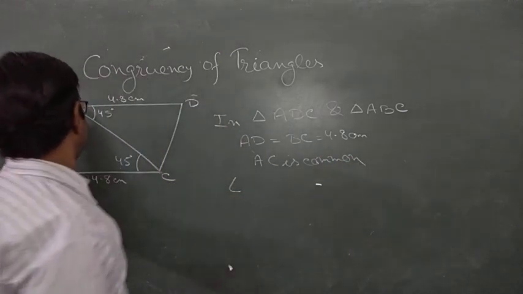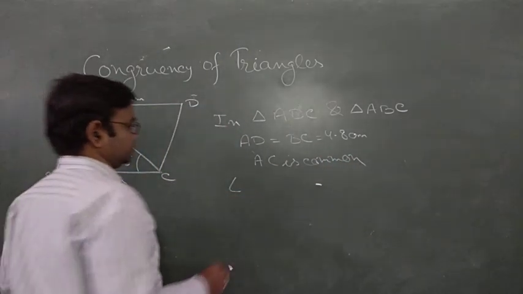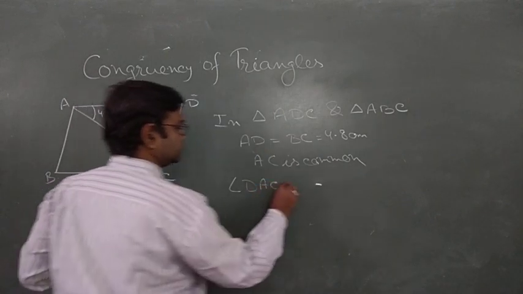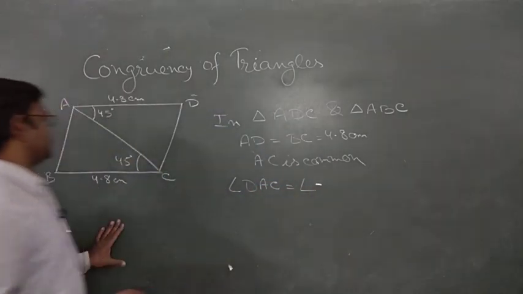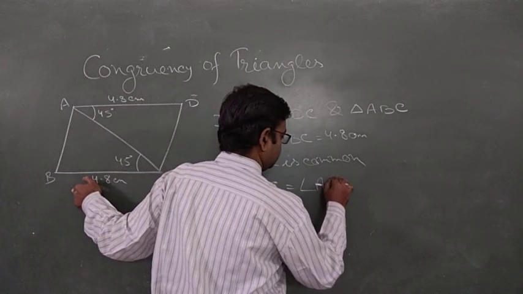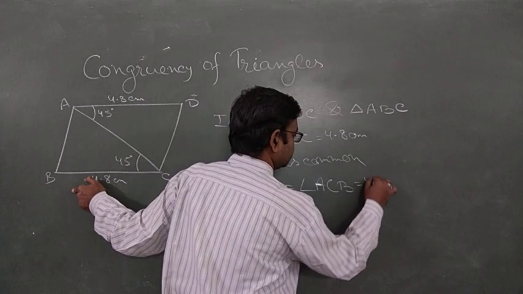Angle DAC is a part of triangle ADC, and angle ACB; these two angles are equal to 45 degrees.